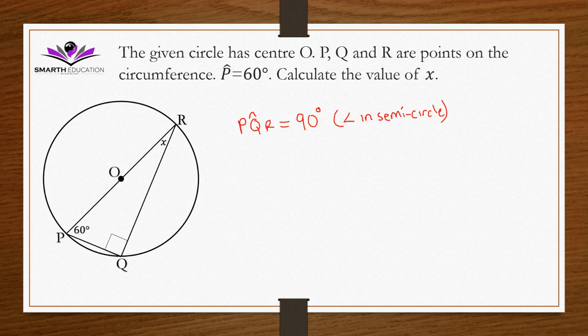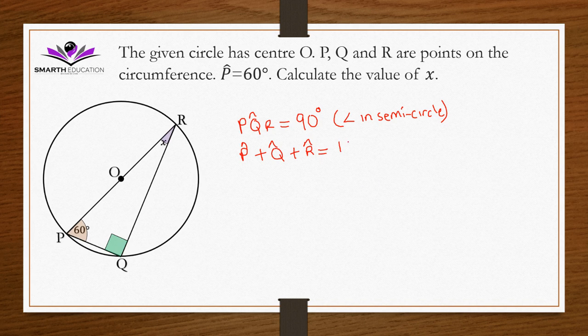Okay, right. And then now we have these three angles in a triangle. We have 60 degrees. These three angles, which is angle P plus angle Q, then plus angle R. If we add these three angles, what do we get?